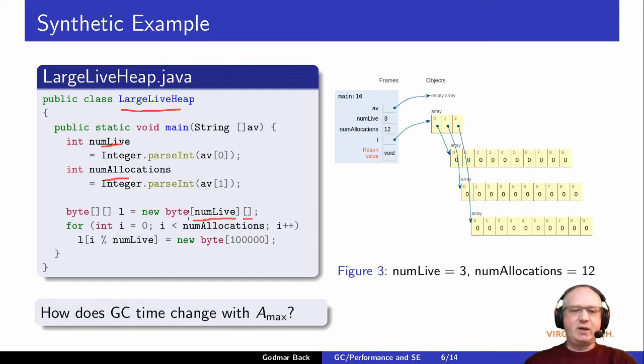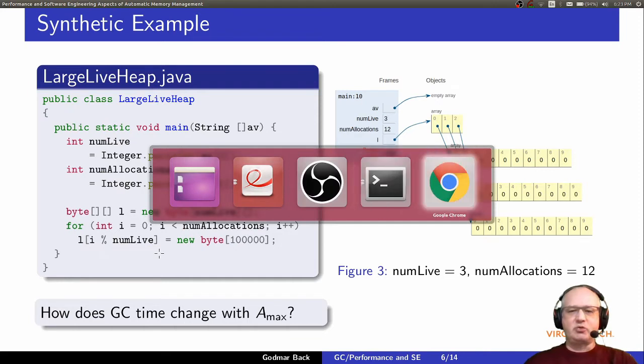And then in a loop, I will perform a certain number of allocations. For each allocation, I'm going to allocate a large array of bytes, in this case 100,000 bytes. And I'm going to write this into one of the references in this array, but I'm going to mod this with the number of live references so that the first is placed in the first one, second, third, and so on. But if the number of allocations is larger than the number of live, some of the ones that are already there are being overwritten.